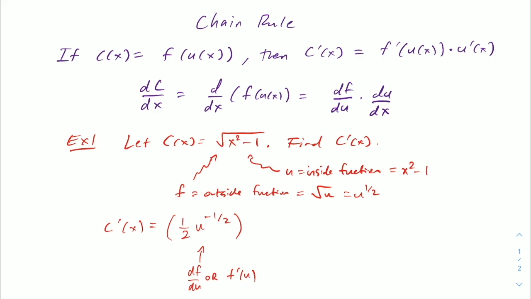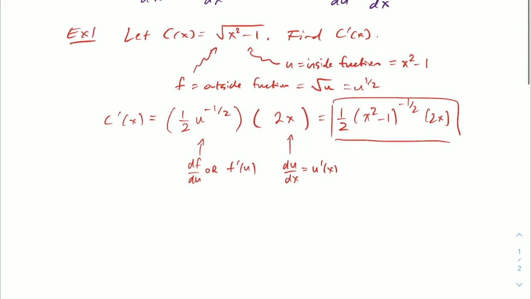And then we're going to multiply this by the derivative of u, du/dx, or u prime of x. And that's just going to be 2x. Typically we write our answer with just x, so I'm going to substitute x squared minus 1 in for u, and I'll have my answer.